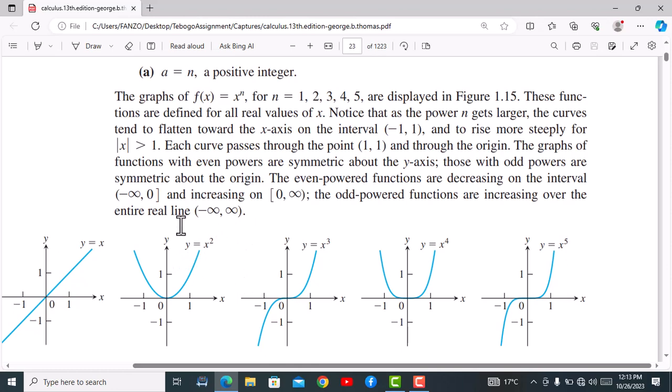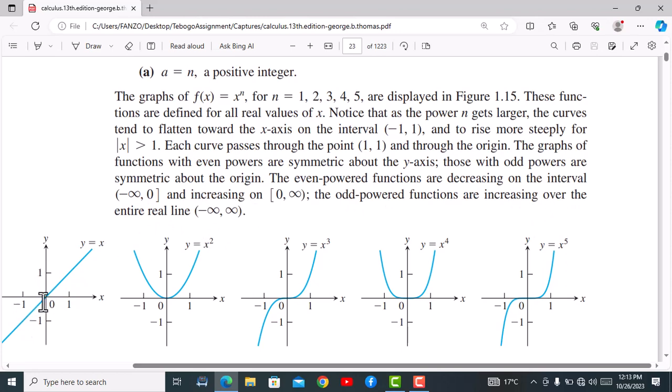So this happens for the even powers of x. Okay, so that is fine. The odd powered functions are increasing over the entire real line from -infinity to positive infinity.